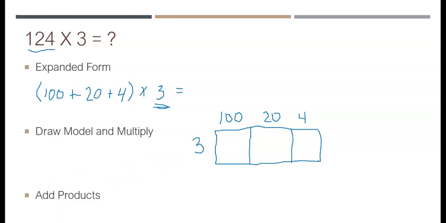So I'm going to multiply just like I did with my partial products, the numbers 3 times 100, 3 times 20, and 3 times 4.